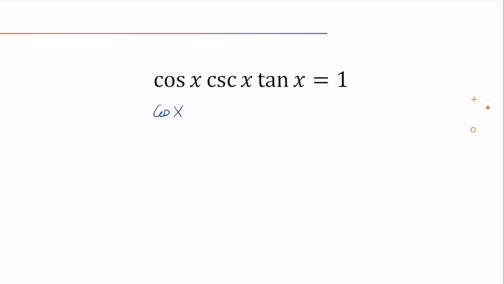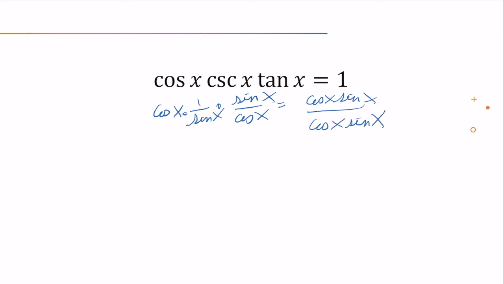So I've got cosine x, cosecant is 1 over sine of x, tan of x is sine of x over cosine x. So if I multiply all these together, I get cosine x sine of x over cosine x sine of x, which beautifully cancels out to 1.